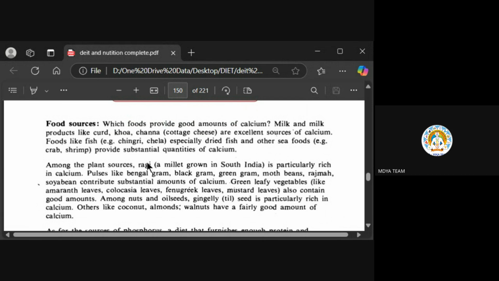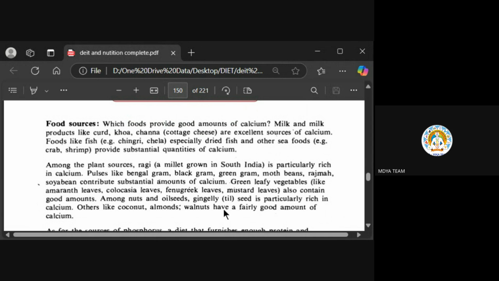Ragi is a very good source of calcium. It is a millet. Nowadays we are having much knowledge about the millets. It is present basically in South India. And the whole pulses, like the Bengal gram, black gram, green gram, moth, rajma, soya bean, all these also have calcium.